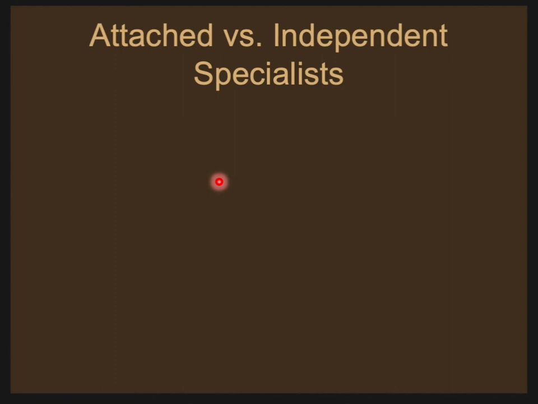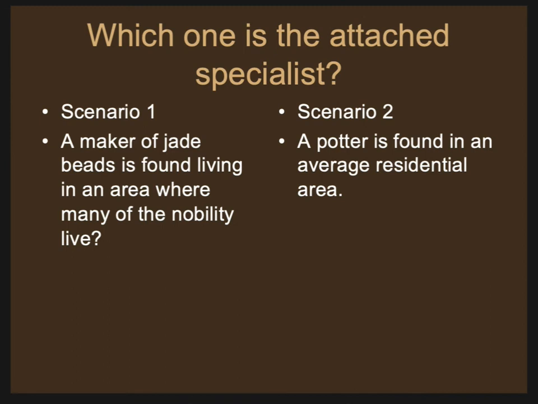That is attached specialization. They tend to be controlled by elites, producing prestige goods. Independent specialists are essentially entrepreneurs, you might say. They're not controlled by elites. They're probably not producing prestige goods necessarily, might be producing things that everyone else needs, but there's no evidence of control by leaders.